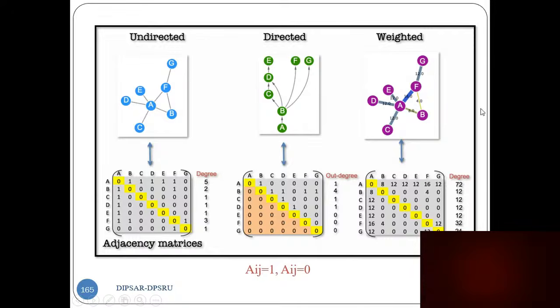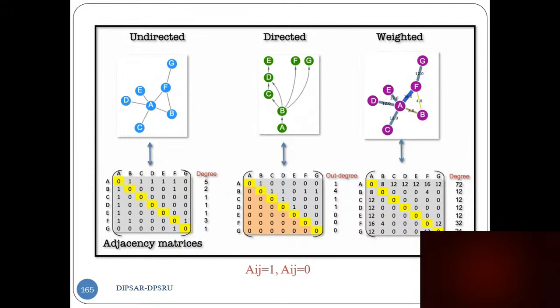Similarly, you can see that the second graph is a directed graph, and the other one is a weighted graph, but whether it is directed or undirected? Third one, can anyone put in the chat box? Third graph is which type?